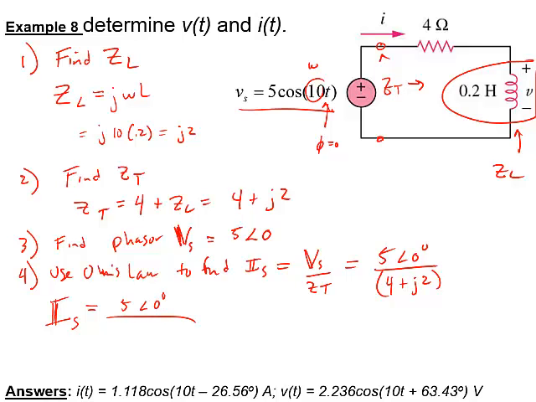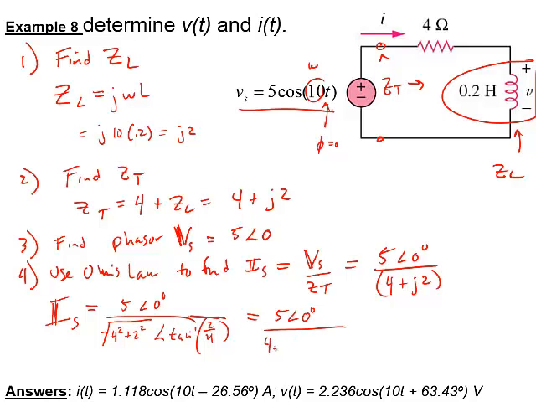But if we take this complex number and turn it into its polar form, we have a magnitude of the square root of 4 squared plus 2 squared, and an angle of the arctangent of 2 over 4. If you have a calculator or MATLAB to make that easy, that's great.